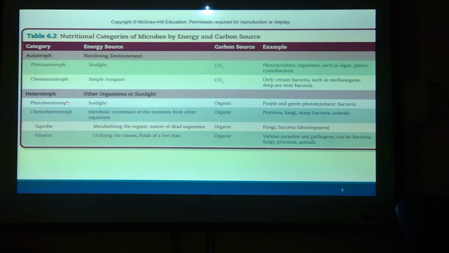Okay. Now, a chemoheterotroph. All right. This is going to be consuming some type of nutrient and then doing chemical reactions, metabolic conversions, to get the energy out of it.